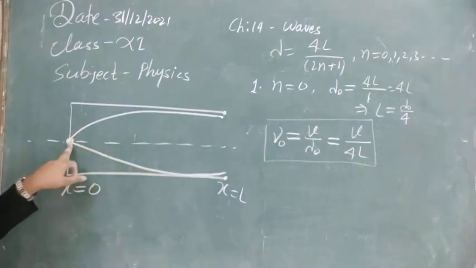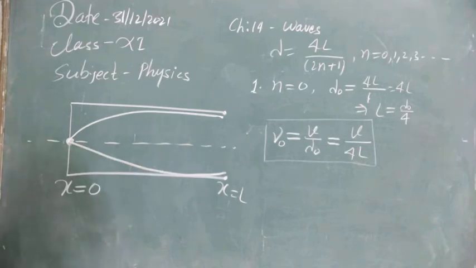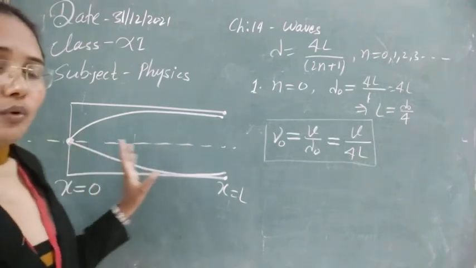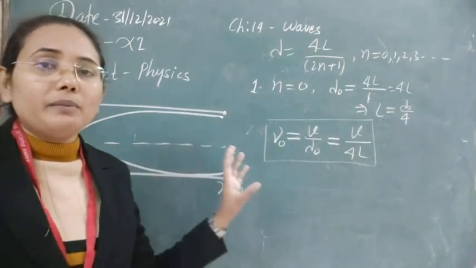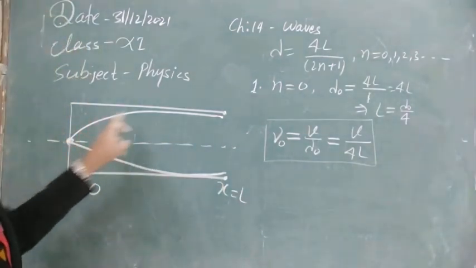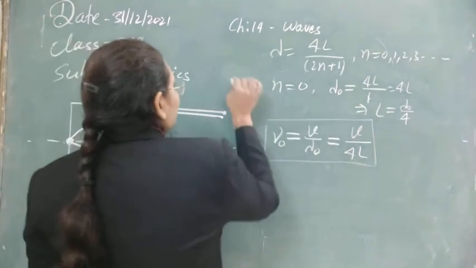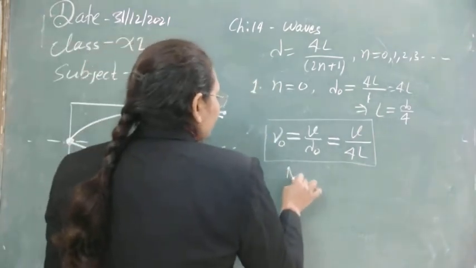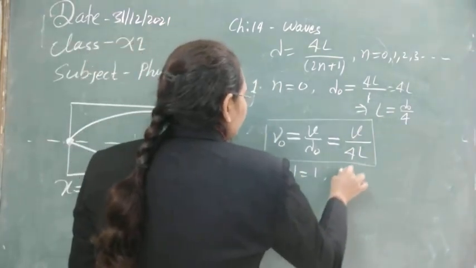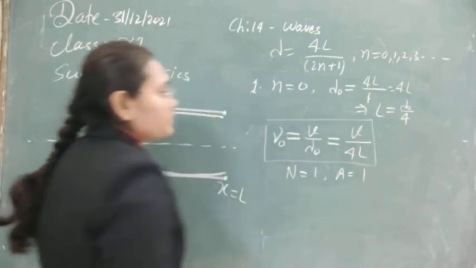This kind of wave is generated when there is one end closed and one end open. In such pipes we get one node and one antinode. So for the first case, number of nodes is 1, number of antinodes is also 1.